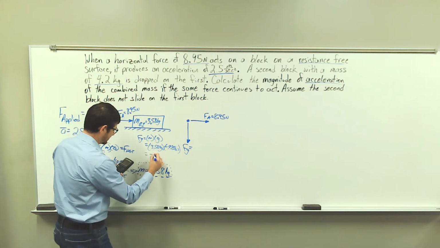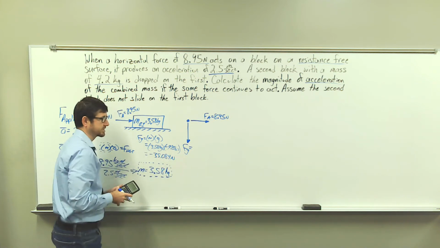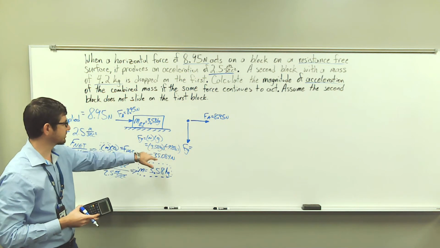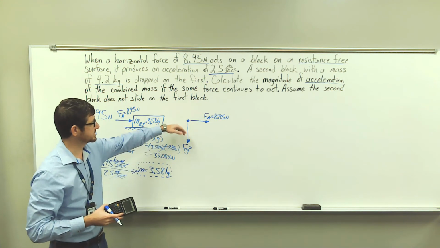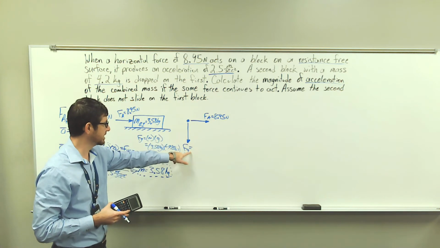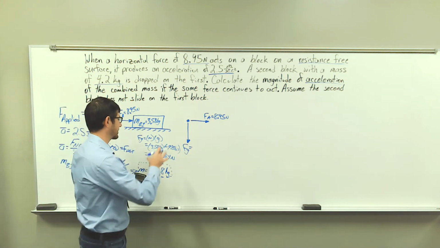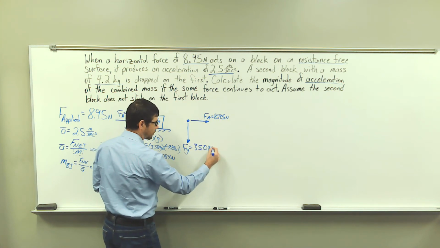This gives me a negative 35.084 newtons. Now remember, on your free body diagram, we do not need to provide the negative sign here because we have our vector arrow pointing in the negative y direction. So the weight force on the free body diagram, we're just going to say 35.084 newtons.